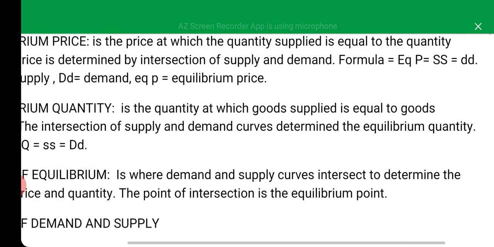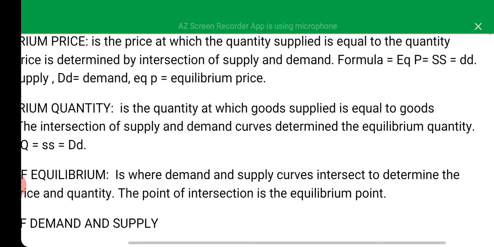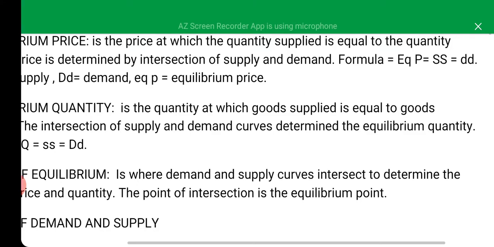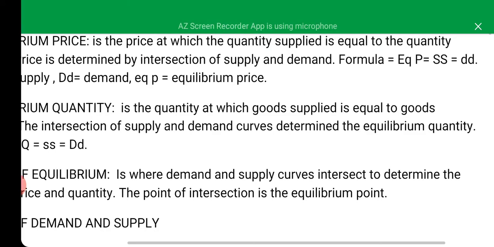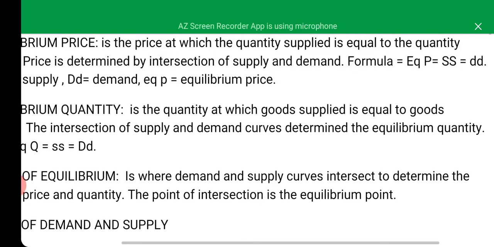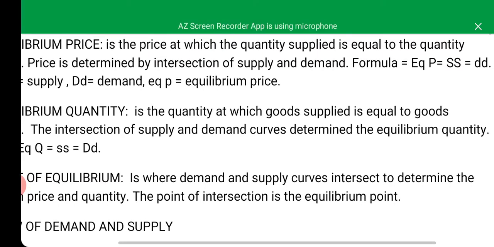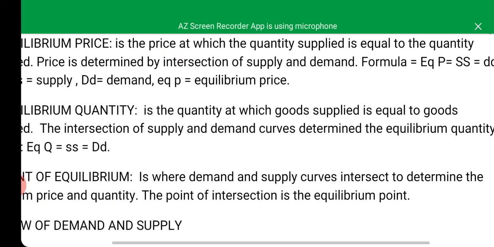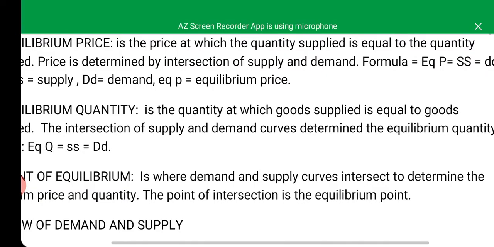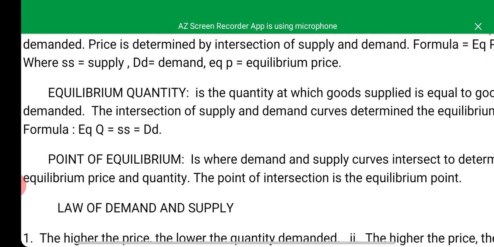And the formula to apply here is: equilibrium price is arrived at where SS equals DD. The SS there means supply, and DD represents demand, EQP representing the equilibrium price.